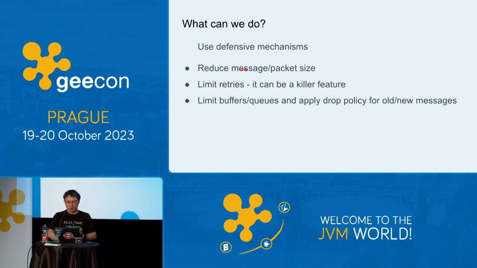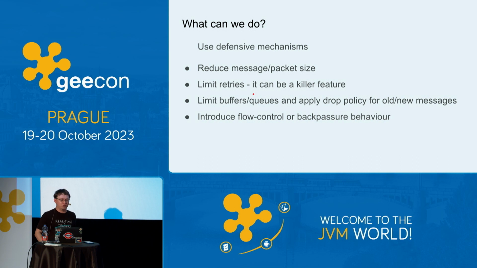So this policy of dropping messages should be implemented in combination with retries. Or you can introduce so-called flow control or backpressure behavior, to not send new messages until you have received the acknowledgement that another part of your system has already processed the sent message.